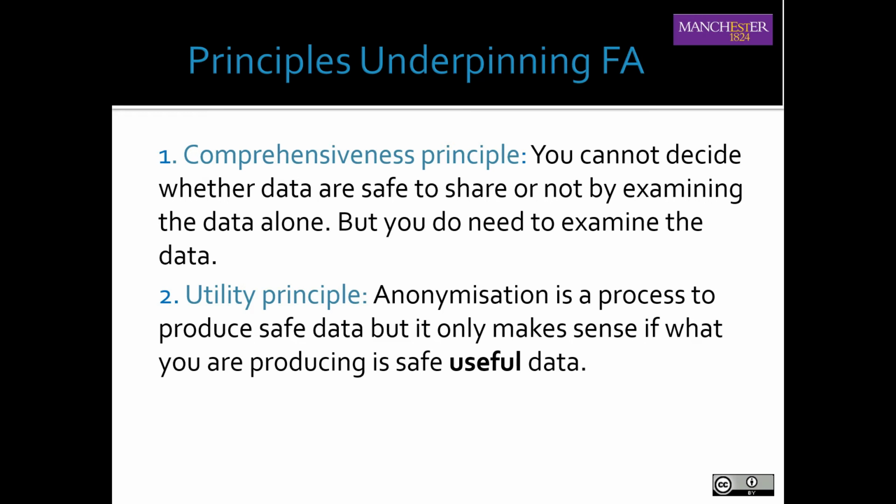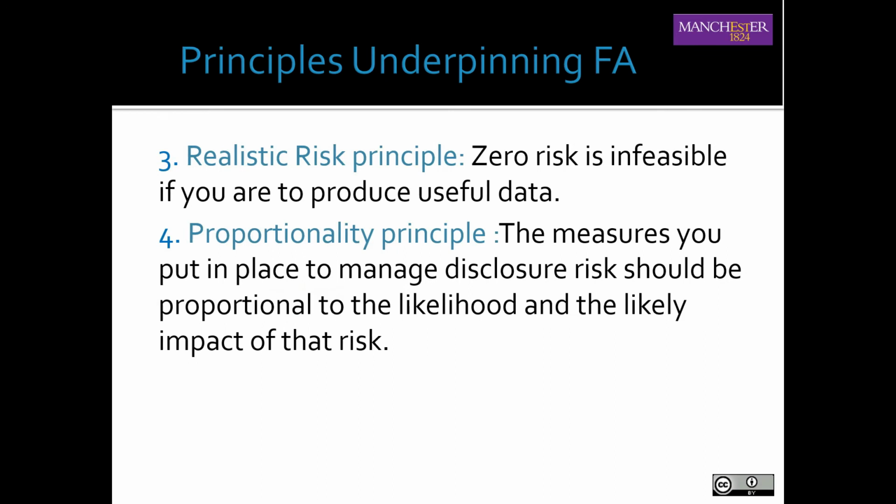And these follow really from what I've said before. The realistic risk principle again follows. Zero risk is infeasible if you want to produce useful data. And then the measures that you put in place to manage disclosure risk should be proportional to the likelihood and impact of that risk. So that's the proportionality principle.